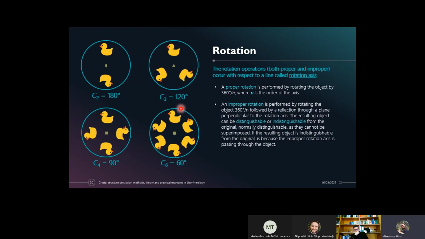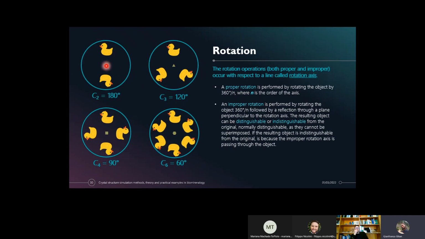The rotation is more involved. As you can see, the rotation can be proper or improper and occurs with respect to a line that is called the rotation axis. A proper rotation is performed by rotating the object by 360 degrees divided by n, where n is the order of the axis. Let's take this example here.